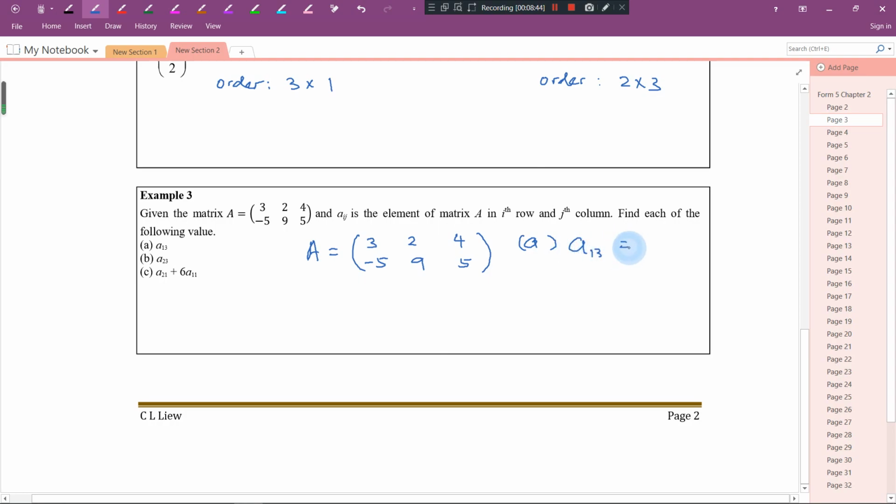When you see these small numbers 1 and 3, you know that the element is at the first row and third column, right? First row, third column. From here we know that this element is equal to 4.